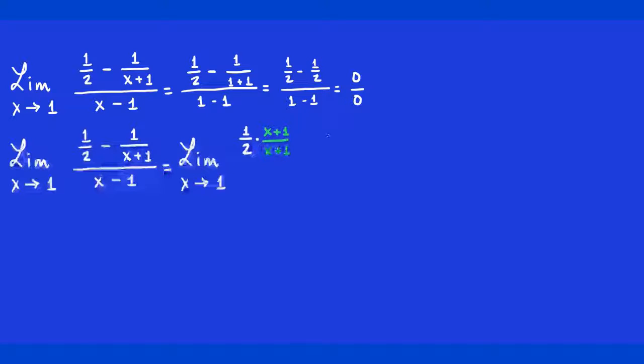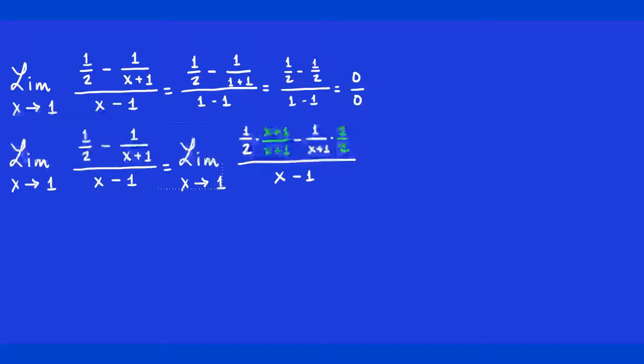We're going to do the same trick with the other fraction, minus 1 over x plus 1, multiplying times the other denominator, which is 2, so 2 over 2. Below we have the denominator x minus 1, which we can't do anything about, so we're just going to keep it just like it is.